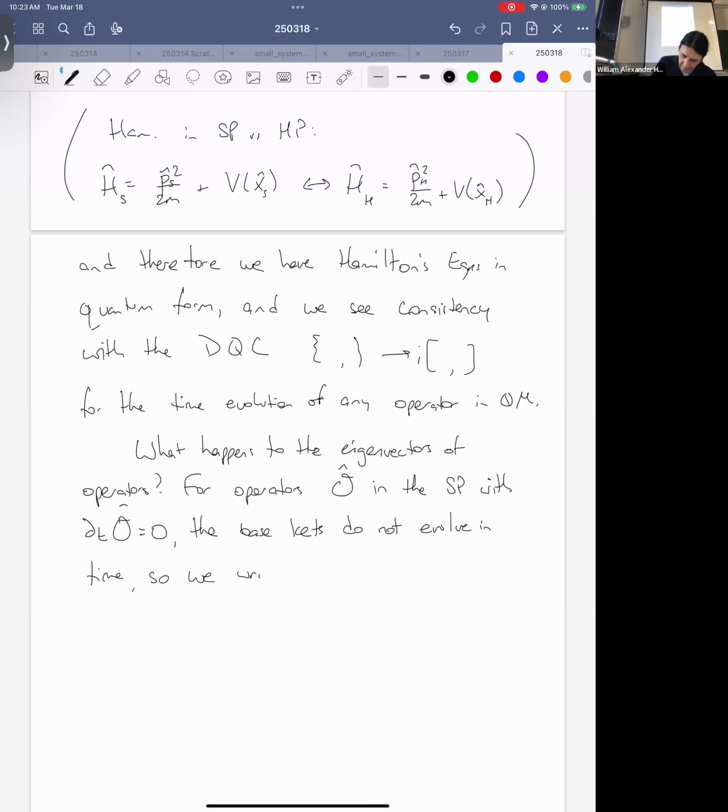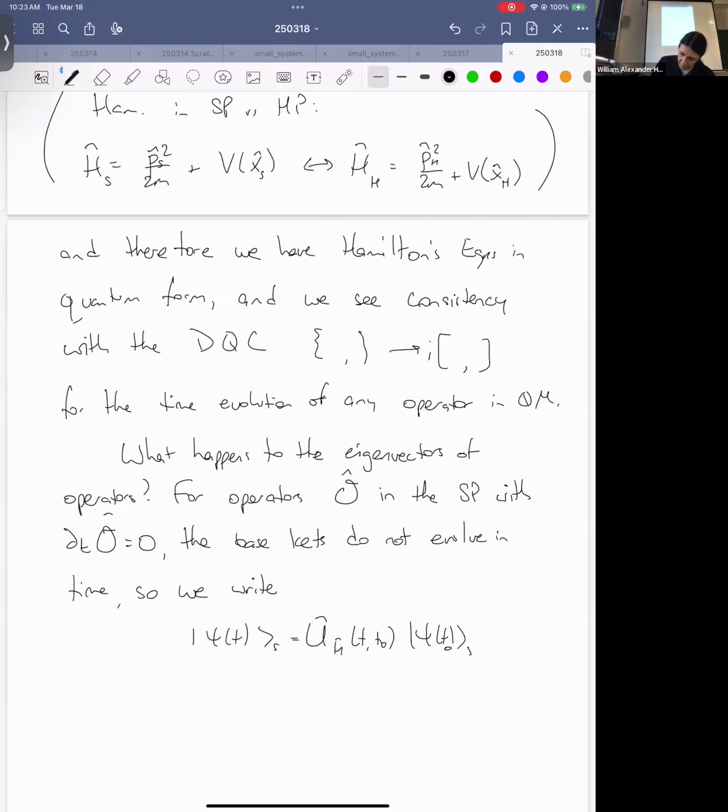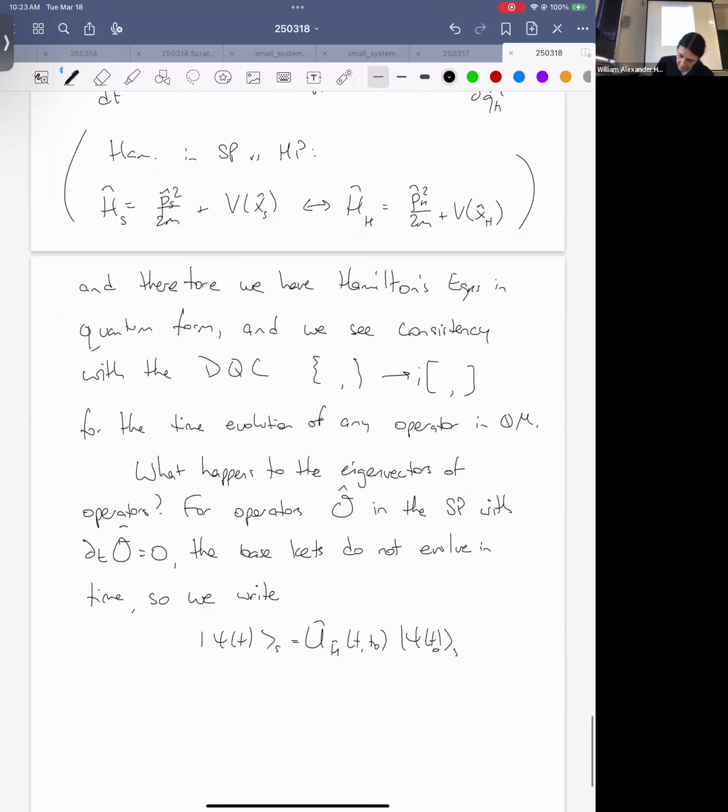So we write that the state in the Schrödinger picture evolves in time. But then the operators, in the Schrödinger picture, omega in the Schrödinger picture acting on the base ket gives omega.